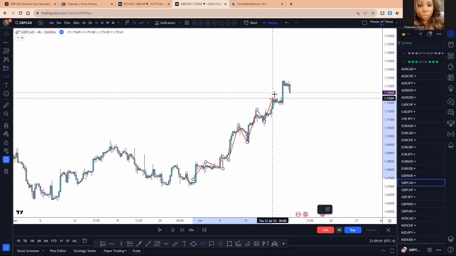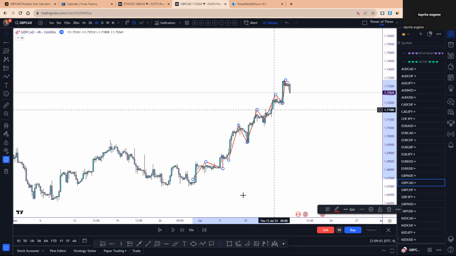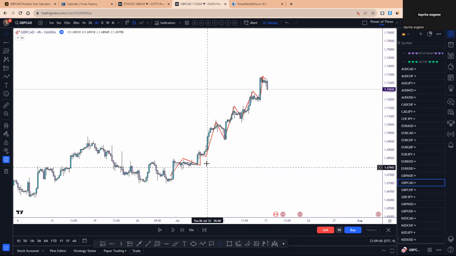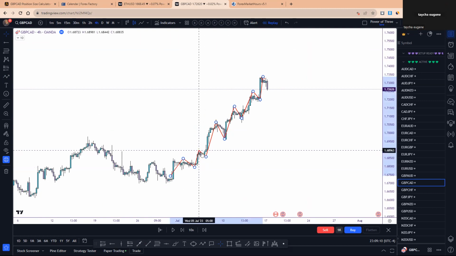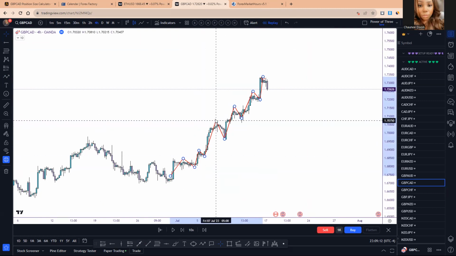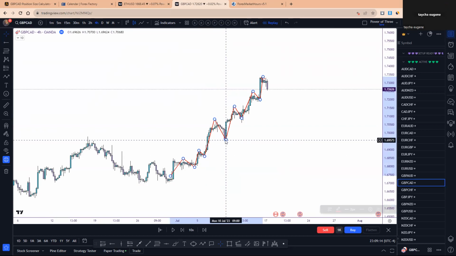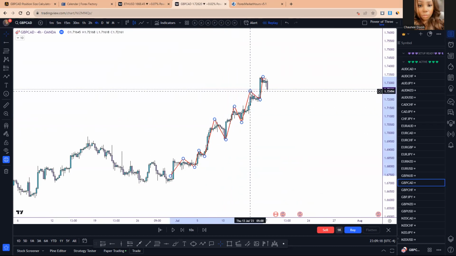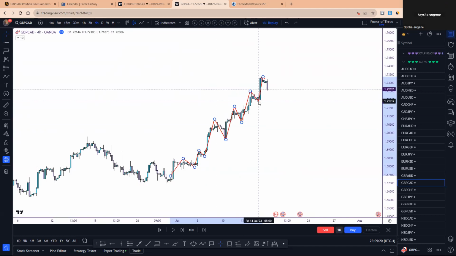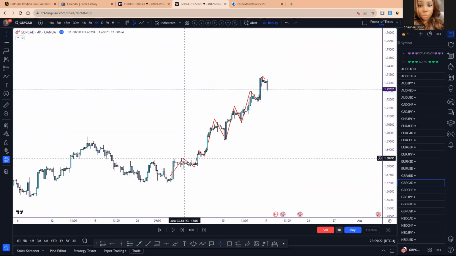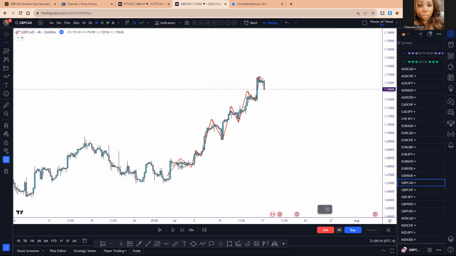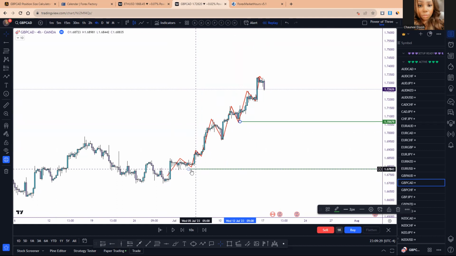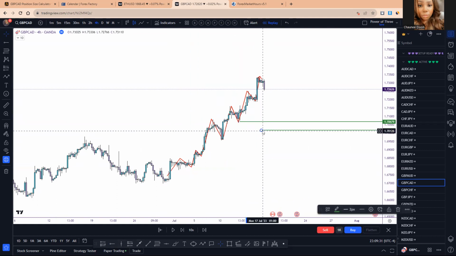Why do I only care about the lows in an uptrend? Because if it's broken, it could go bearish. What would cause it to go into a bearish trend? A change of character. Absolutely. And what does it need to break in order to be a change of character in an uptrend? One of the recent lows. Yep, exactly. Good. Y'all are doing amazing. So here are my lows. Actually, I'm going to go up here because this is way too far down on the 4-hour. I care about the recent lows.